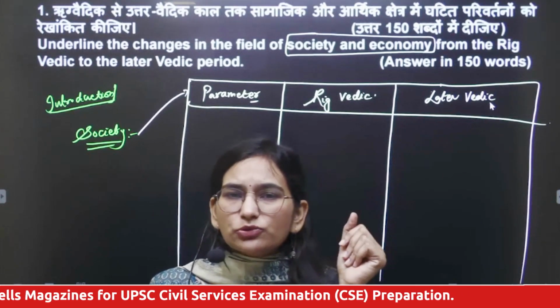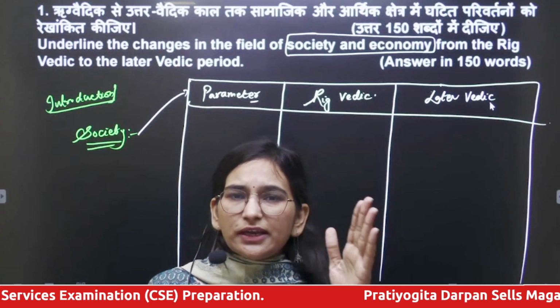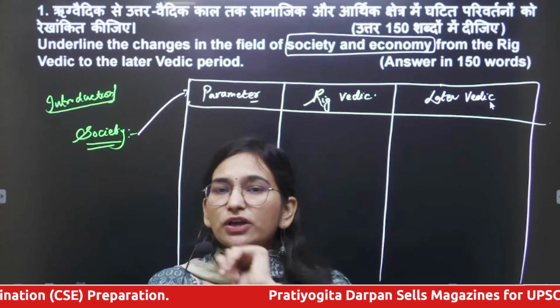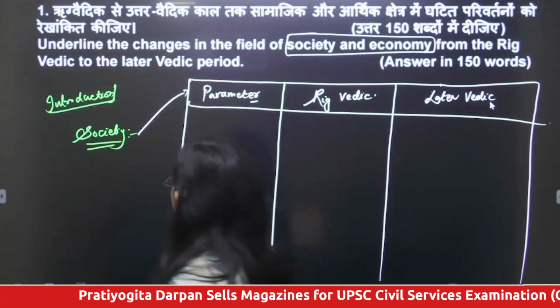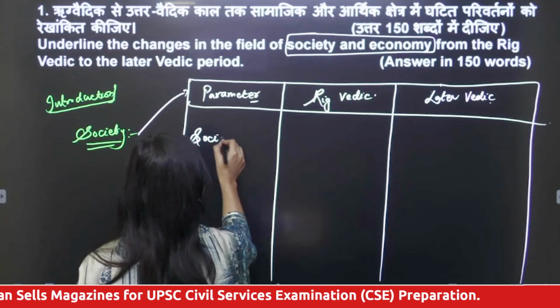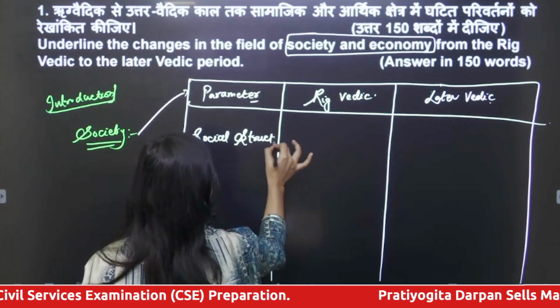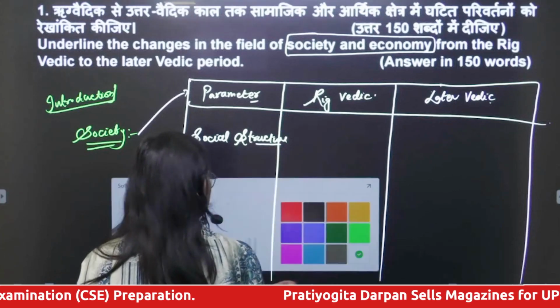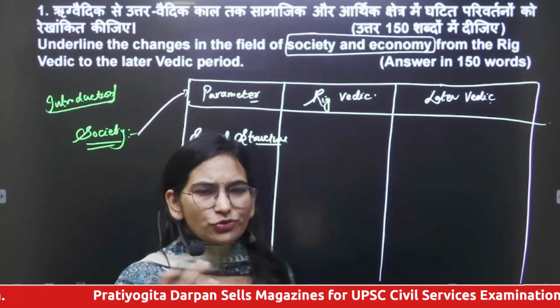So the first thing is social structure, that is, what kind of social structure was there in the Rig Vedic period, and then what kind of social structure we have witnessed in the later Vedic period. So you can talk about social structure, and what was the change in this social structure.